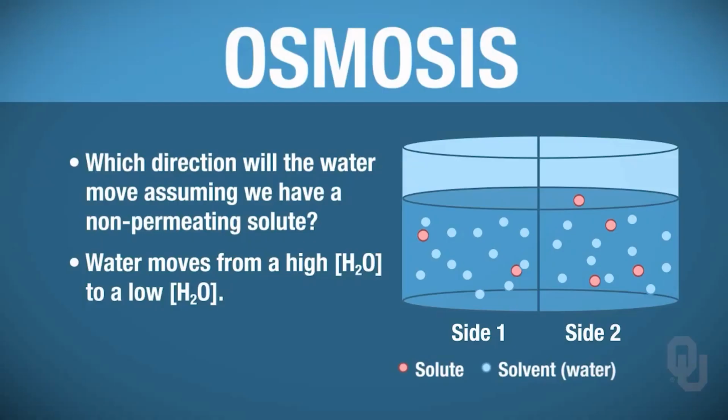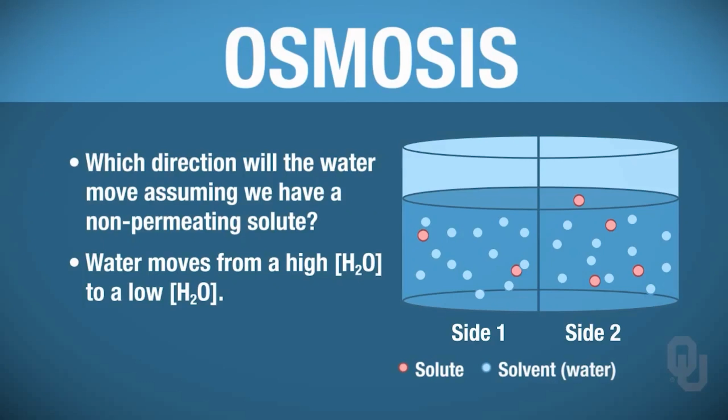So which direction will the water move, assuming we have a non-permeating solute? A concept here is non-permeating, meaning a solute will not be able to cross the membrane. So with a non-permeating solute, water moves from high to low water concentration. Basically, that's what we have to remember about osmosis. So you have two solutions here, side 1 and side 2. The red is the solute, and the blue is the water.